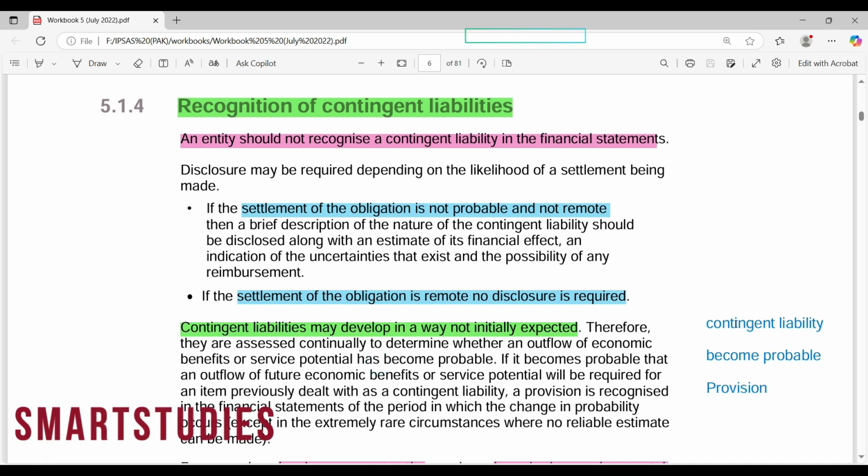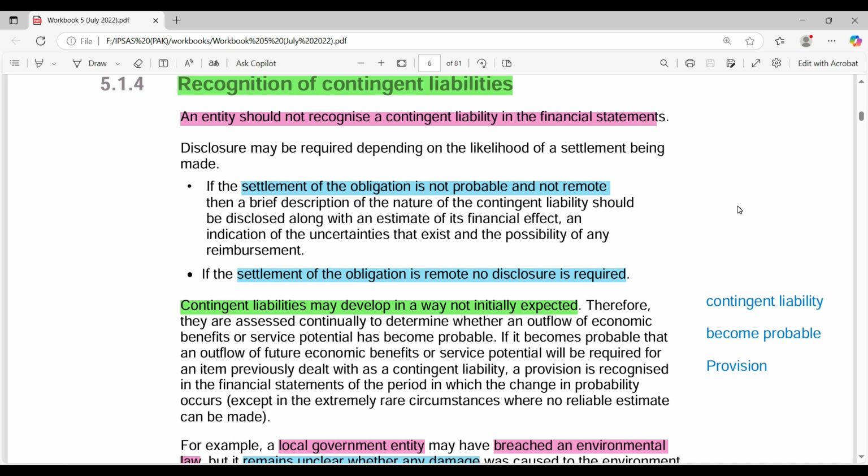And when the contingent liability becomes probable, there is a chance that you have to pay in the future against your guarantee, then you need to fix an amount for a provision. The likelihood of payment in a provision is more, in a contingent liability it is less, and in the case of remote you do not even need to disclose it.